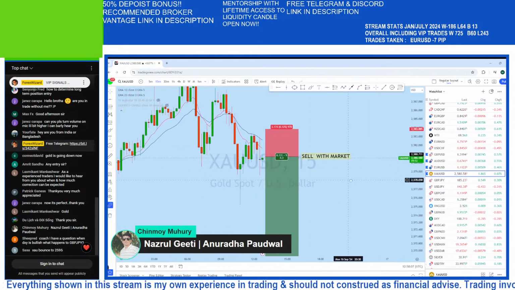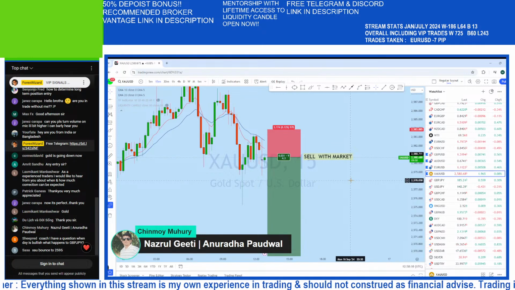Now the 15 minutes price action on gold, what we see with this doji formation, and that doji, if it is remaining bearish, then we might see a complete break below the support level.